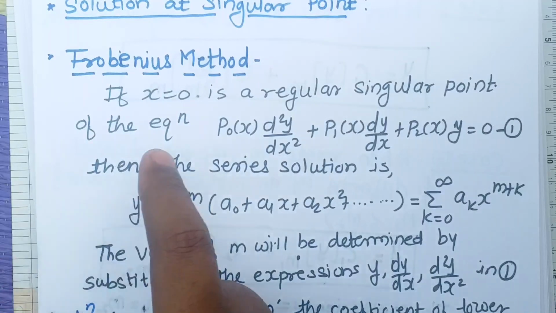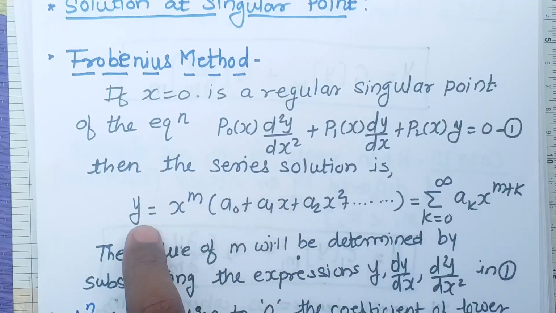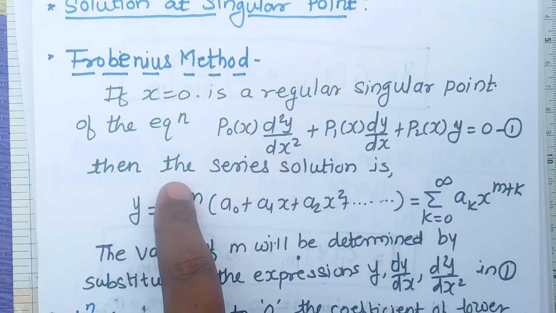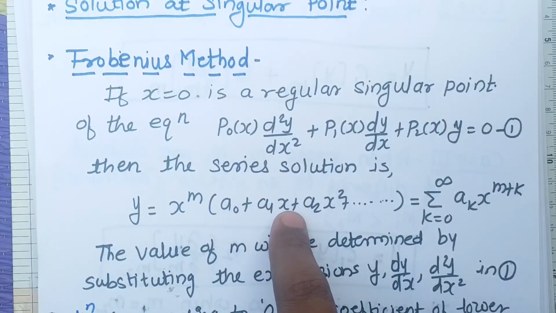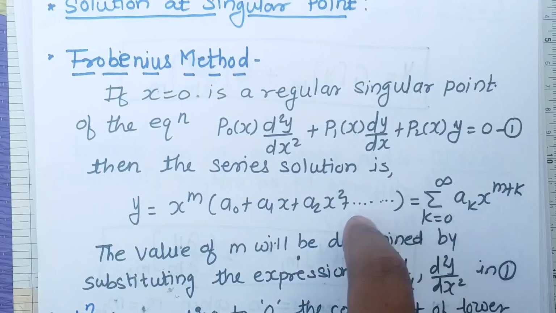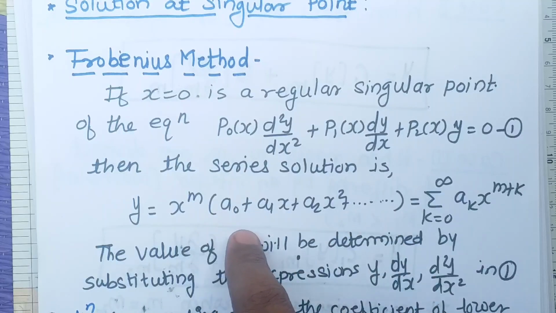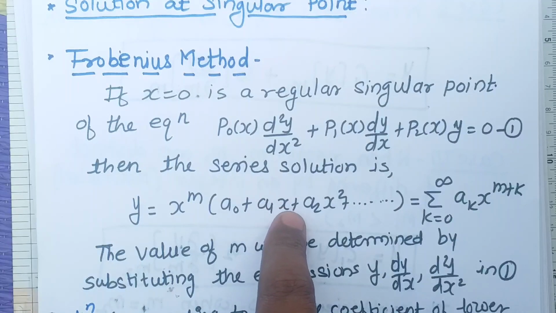Very first, the solution of the Frobenius method is of the type y = x^m (a0 + a1x + a2x² + ...). This bracketed term is an infinite series, which is a power series, summation k from 0 to infinity of ak x^k.